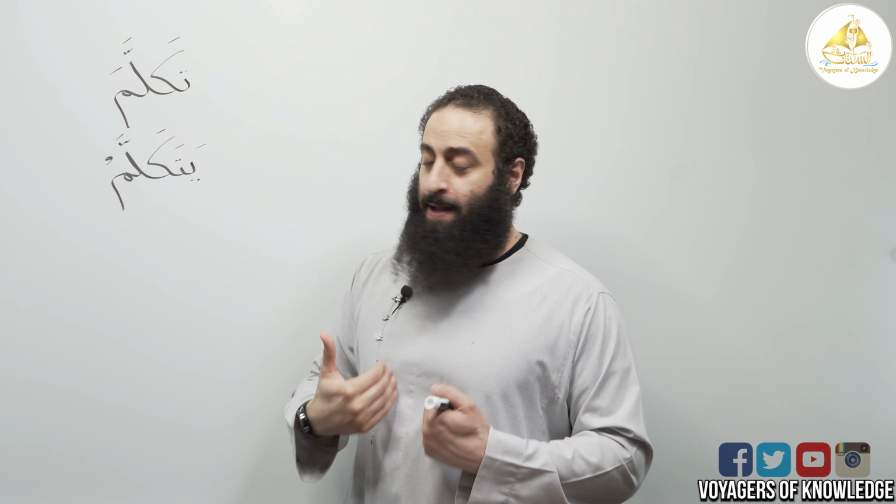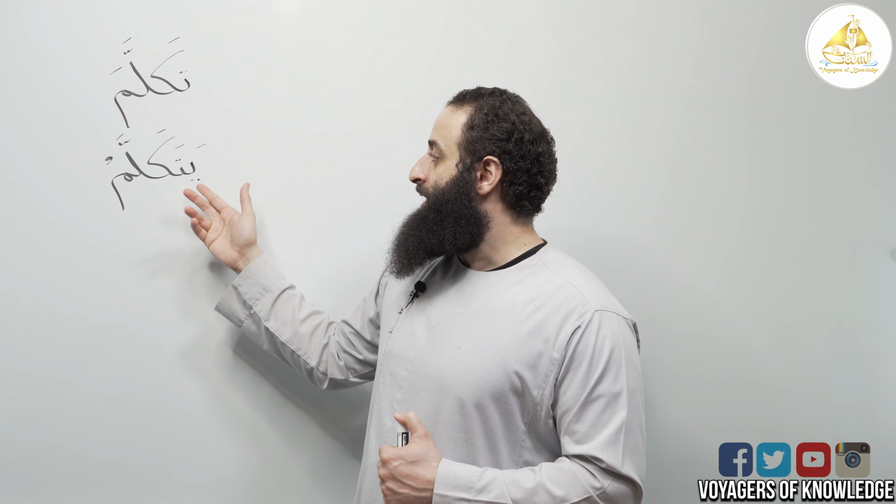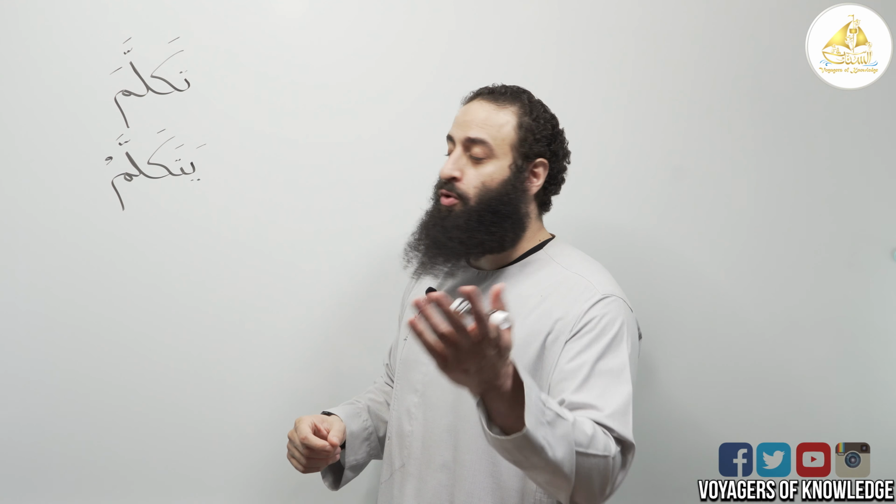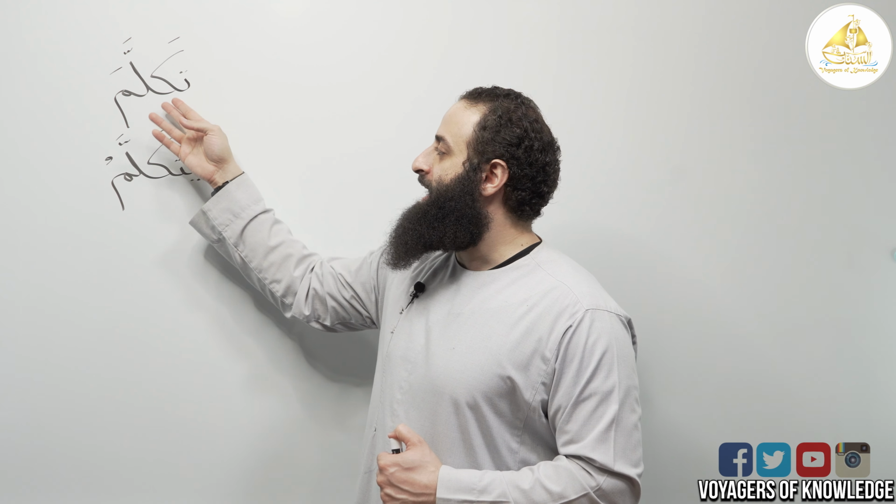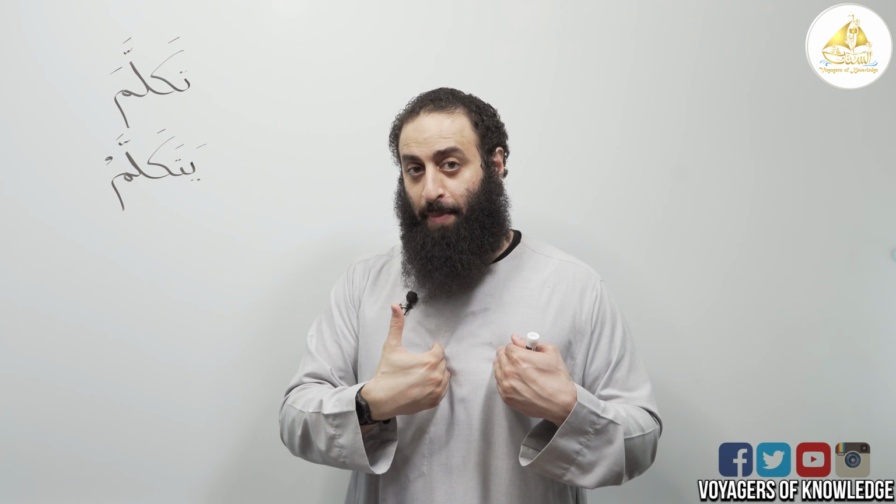Alright? Why do I want to tell you that? لأني, because I, right? أتكلم معكم. I am speaking with you or with you all. تكلمت, I spoke, right? That's for the past.